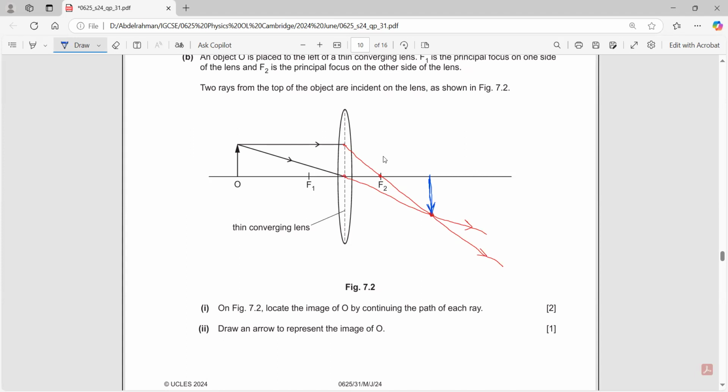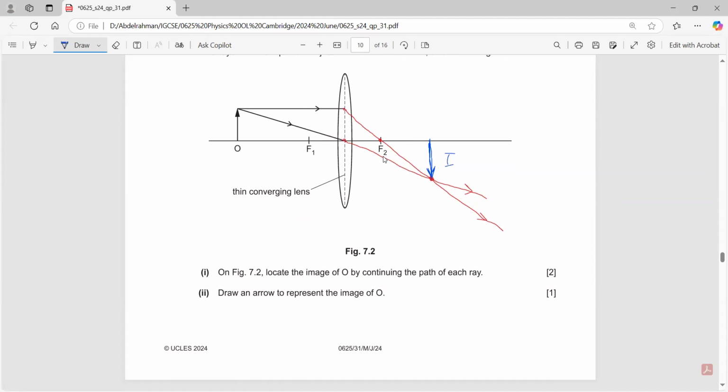He didn't say that you have to name it, but we could name it I, for image. If you do not draw the arrow this way, you will lose a mark.